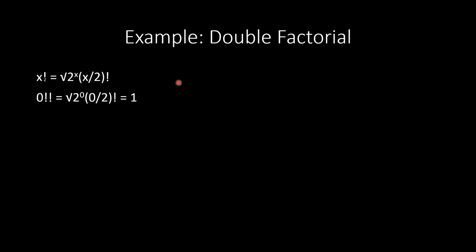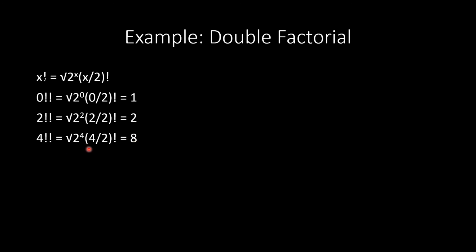When we look at 0 double factorial, square root 2 to the 0, 0 over 2 factorial, being 1. 2 double factorial, square root 2 squared, times 2 over 2 factorial, or 2 times 1, 2. 4 double factorial, square root 2 to the 4, 4 over 2 factorial, 2 factorial, 2 is, or if I said 2 here, I'm sorry, it's 4.